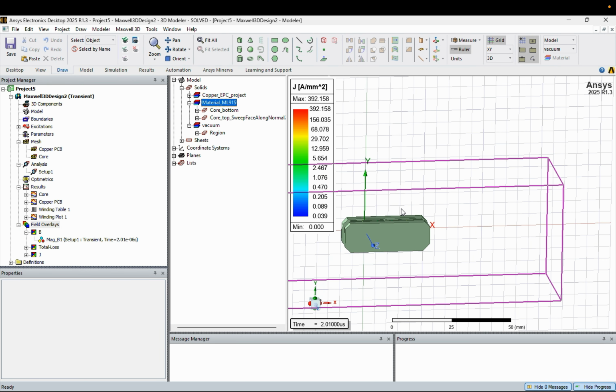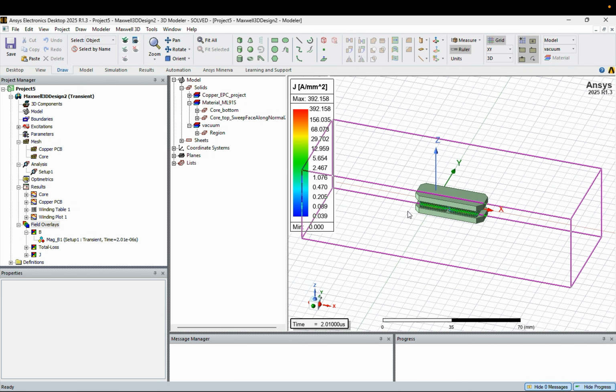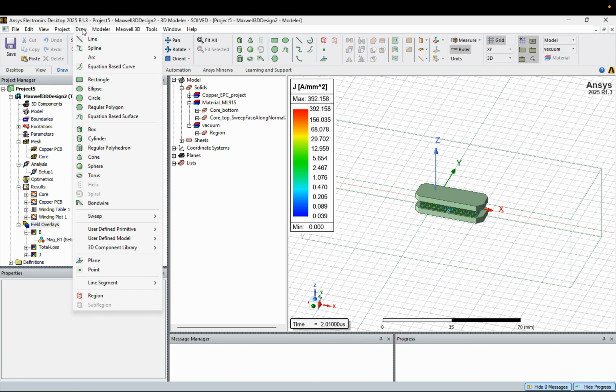And the winding, fit all, I'll click on trimetric. In the previous videos, I had a region which I drew as a rectangle. I deleted that and I added this specific region.